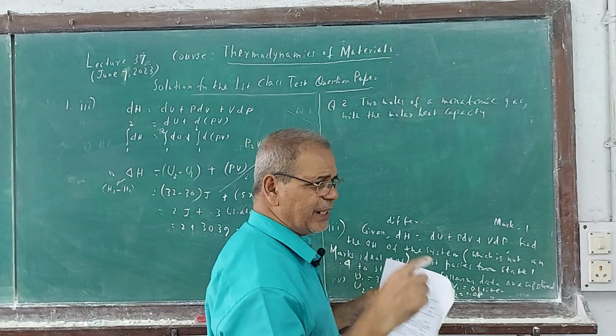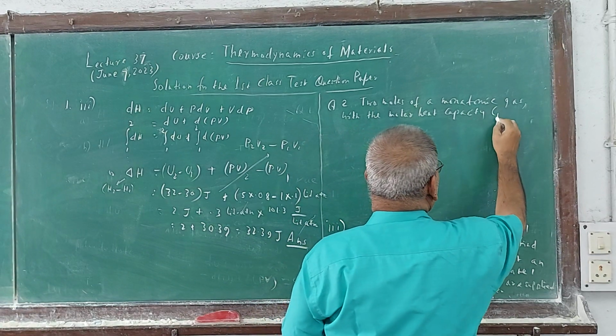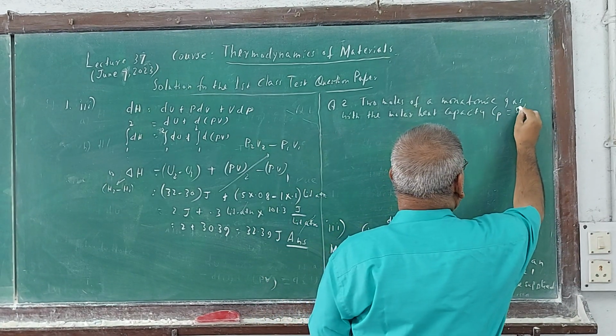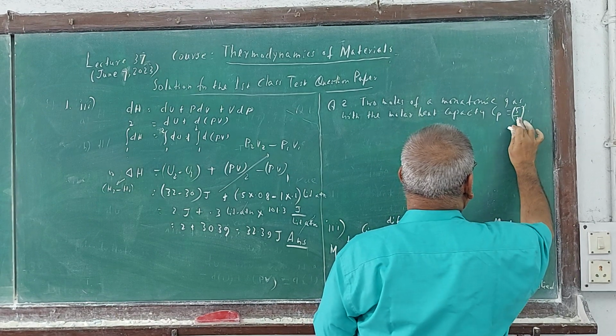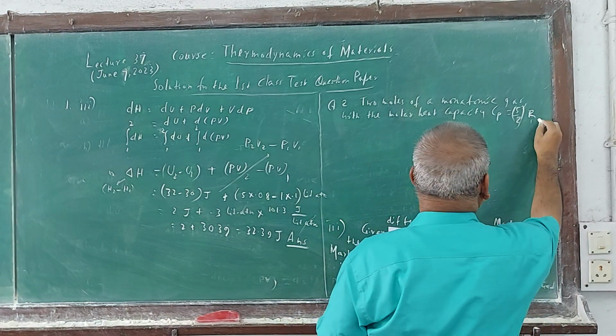Careful, they have a little capital. Cp, total, is 5 by 2 R. Cp is 5 by 2 R.